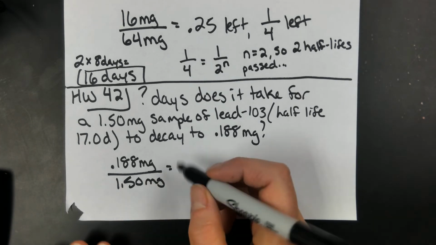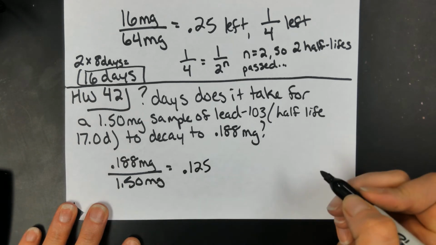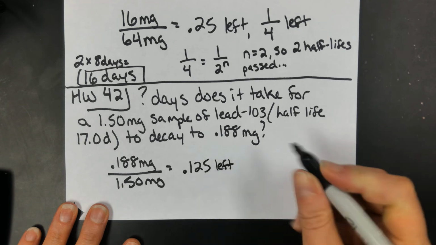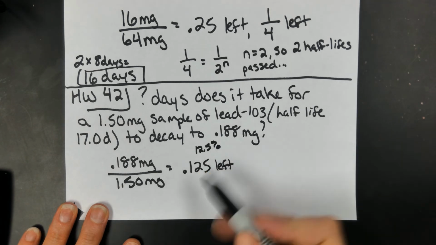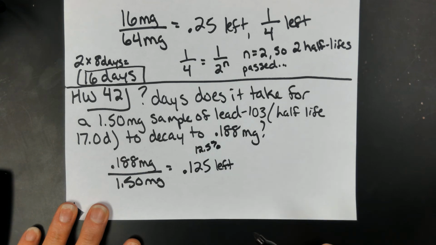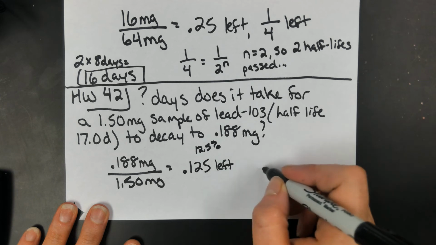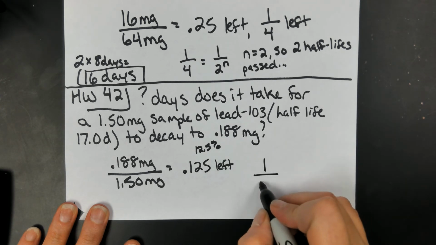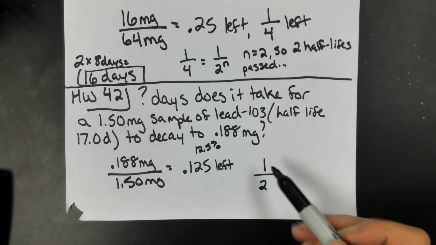It seems that we are left with 0.125 of our original, right? Which is equivalent to 12.5%, if you want to think about it that way. So let's turn this into a fraction. 0.125 is the same as saying 1/8, right?